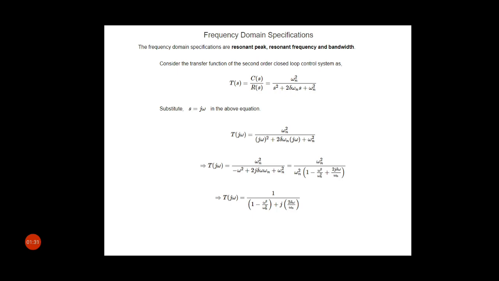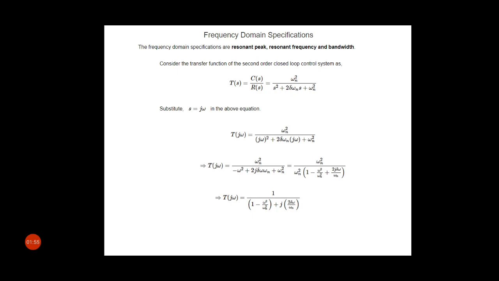Now we simplify this equation. The value of j square is minus 1, so this becomes minus omega square plus 2j zeta omega omega_n plus omega_n square.